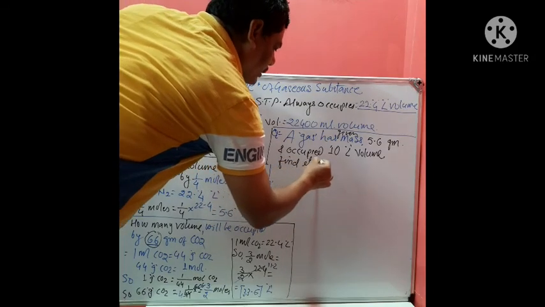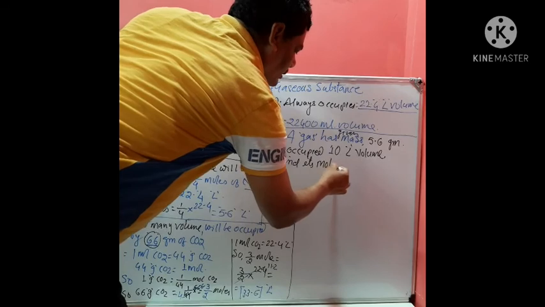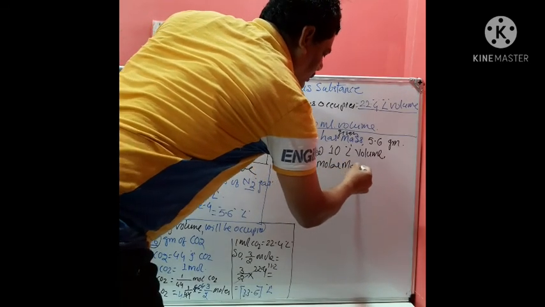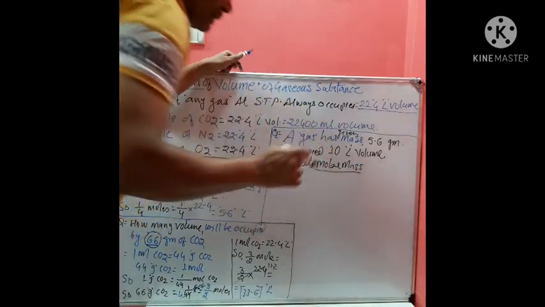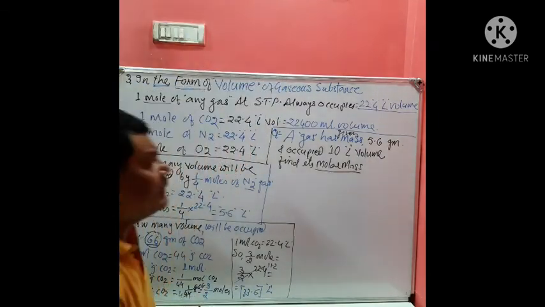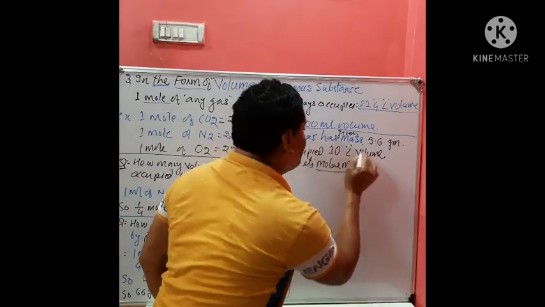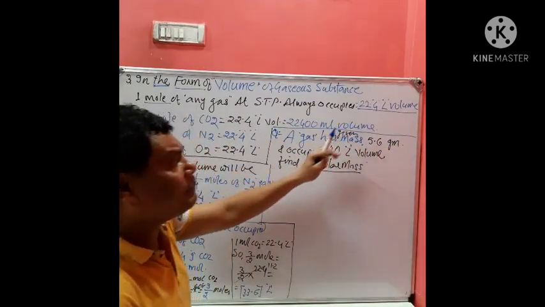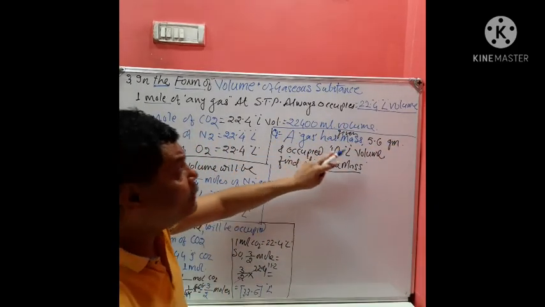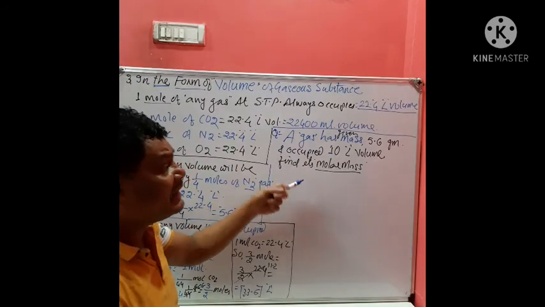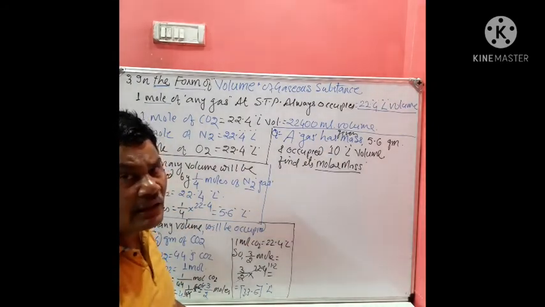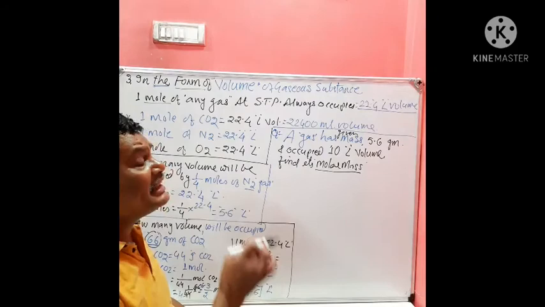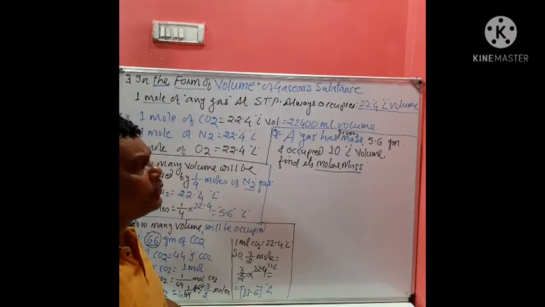Find its molar mass. That means you have to find the molar mass of that gas which weighs exactly 5.6 gram but occupies 10 liter volume. Are you getting? So in this way you have to solve the question.